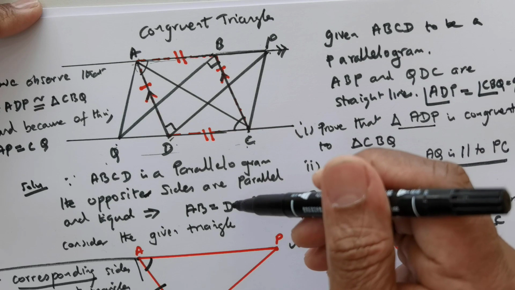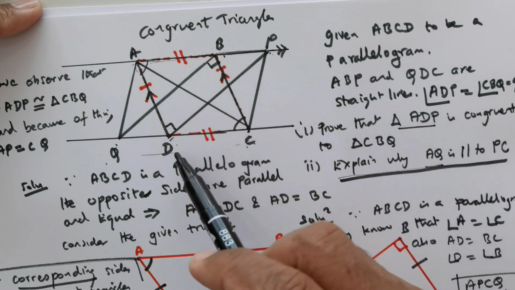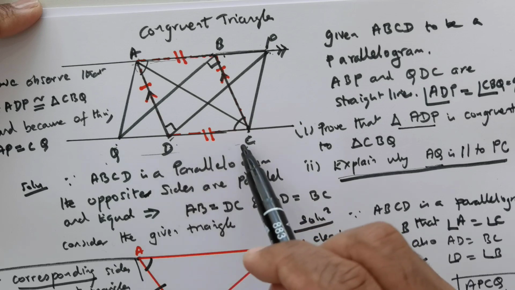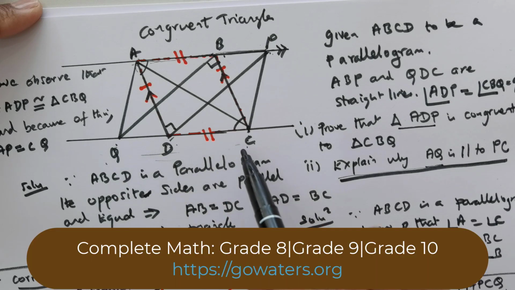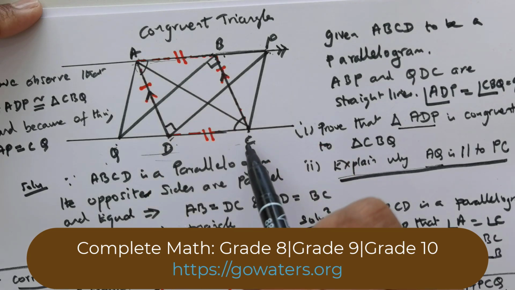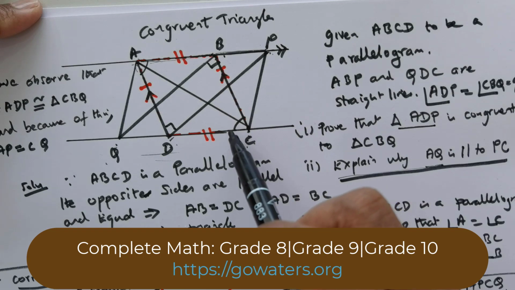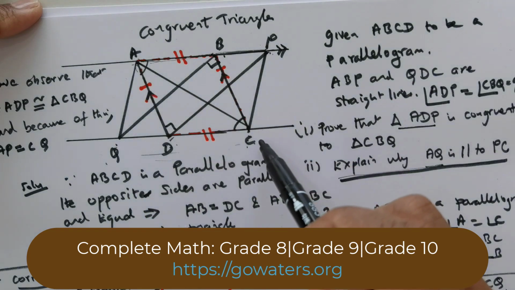Now we need to show that they are parallel. Now since AB forms part of AP and DC or CD forms a part of QC, and that AB is said to be parallel to DC, this in turn means this is only possible if AP is parallel to QC.